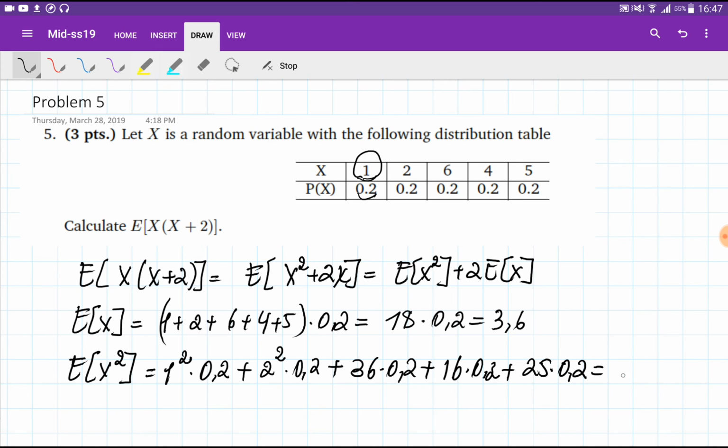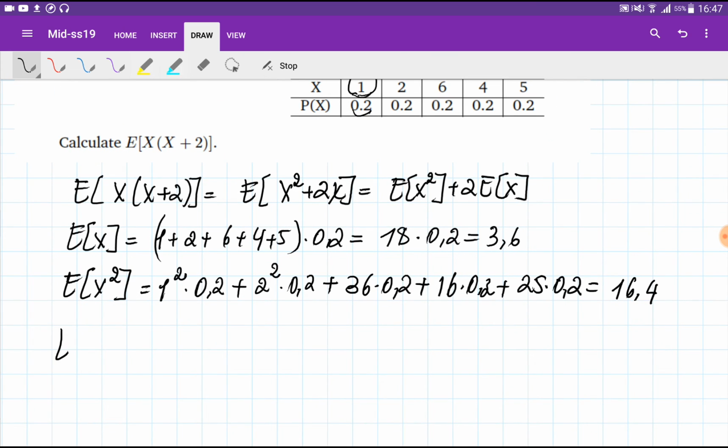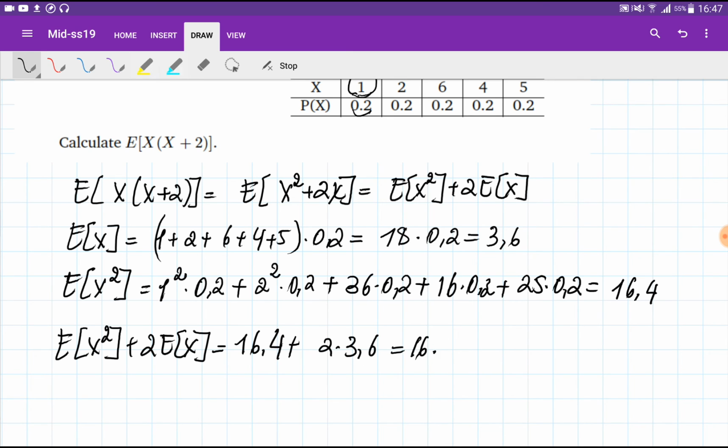What we'll get is 16.4. So the expectation of x squared plus 2 multiplied by the expectation of x will be equal to 16.4 plus 2 multiplied by 3.6. So this is equal to 16.4 plus 7.2, or simply 23.6.